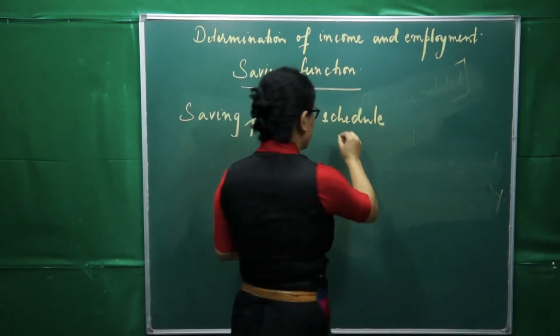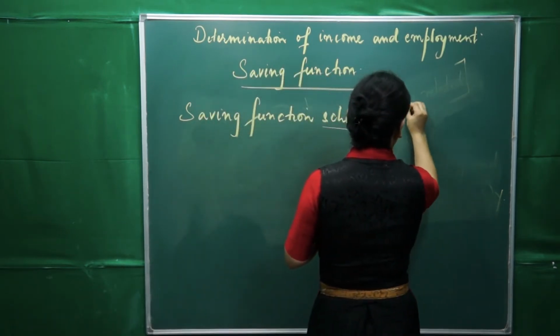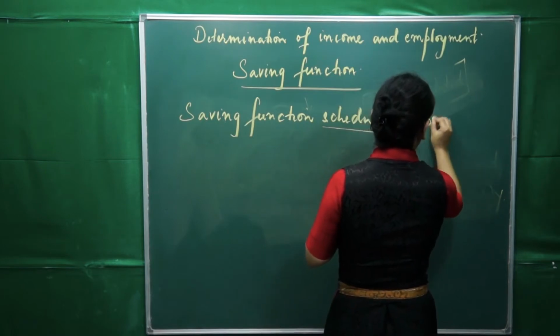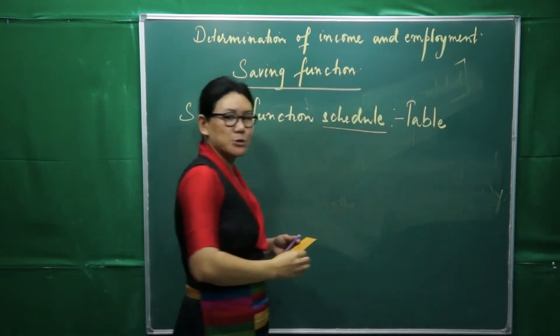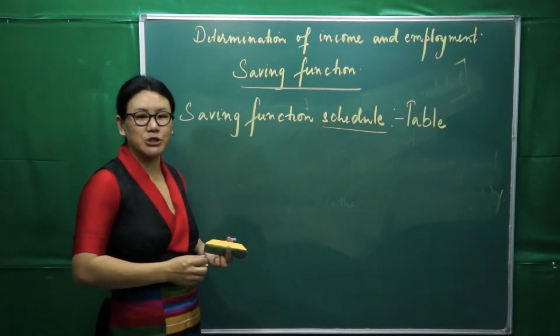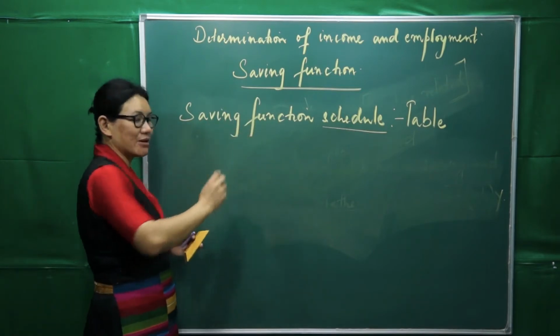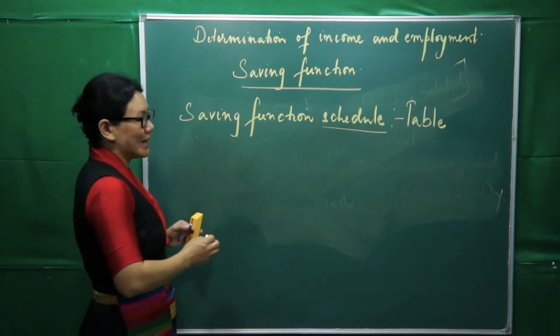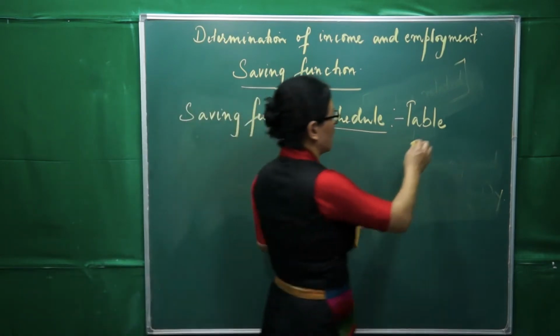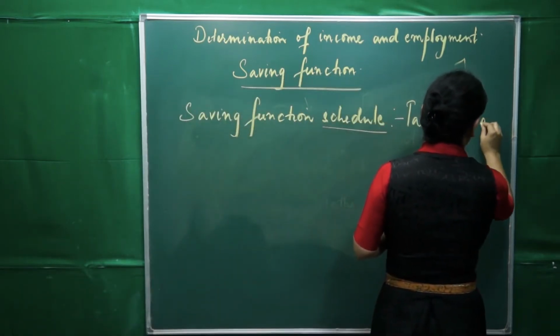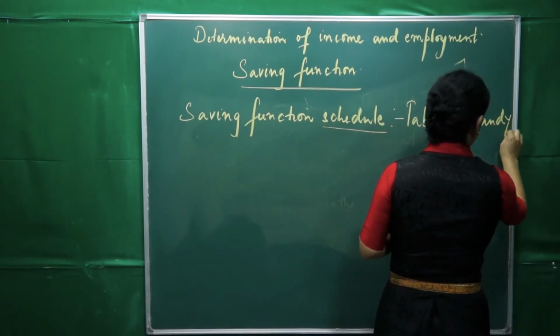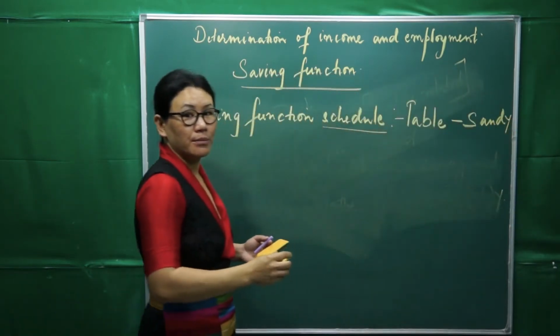A table, right? A schedule is a table which expresses the relationship between, for the saving function, S and Y, saving and income.